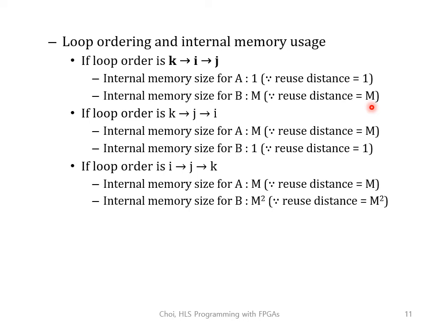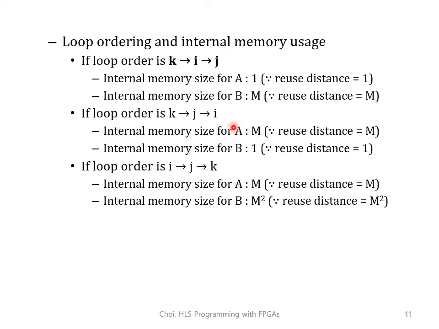But it also suggests that in the meantime, other data of B are going to be accessed. So we need to keep storing those other data, and that's why we need an internal memory of size M for B. Make sense? So what I'm trying to say here is that the internal memory usage is closely related to the reuse distance.